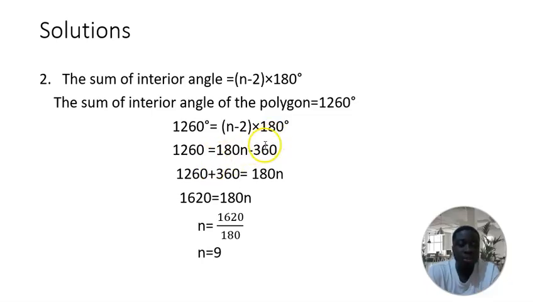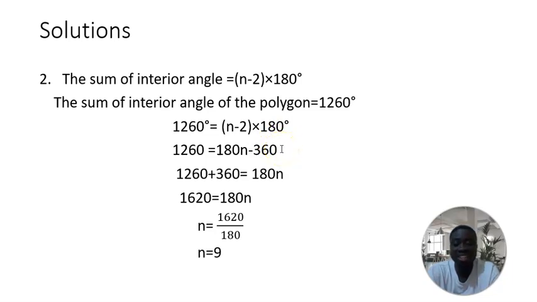Since we want to make n the subject, the term with the n will be at one side, then the one without the variable will move to the other side. It is more or less like adding 360 to both sides.